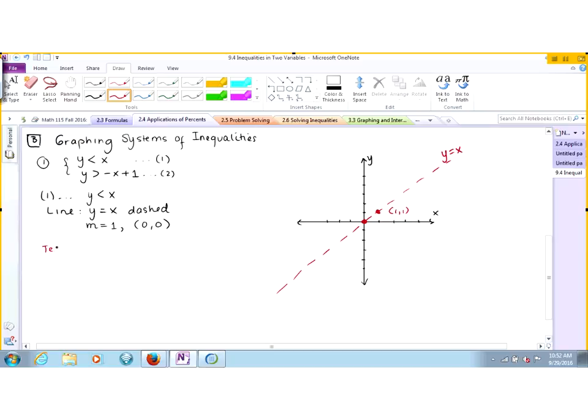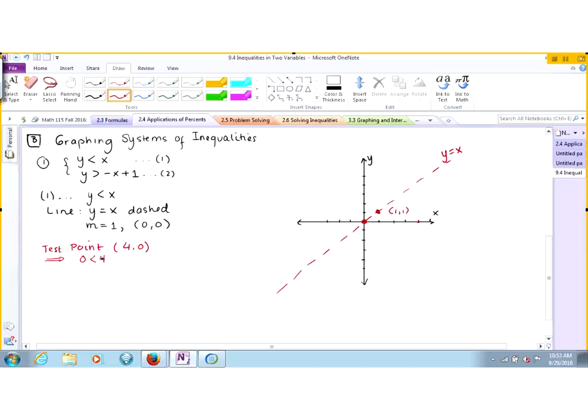All right. Now, what about my test point? Can I choose 0, 0? No. So I have to choose a different one. Maybe 4, 0 or 5, 0. Where is 4, 0? Here? 1, 2, 3, 4. Yes. Okay. I cannot choose 0, 0 here because it's on the line. So if I choose 4, 0, which one is y? 0, right? So 0 is less than 4.